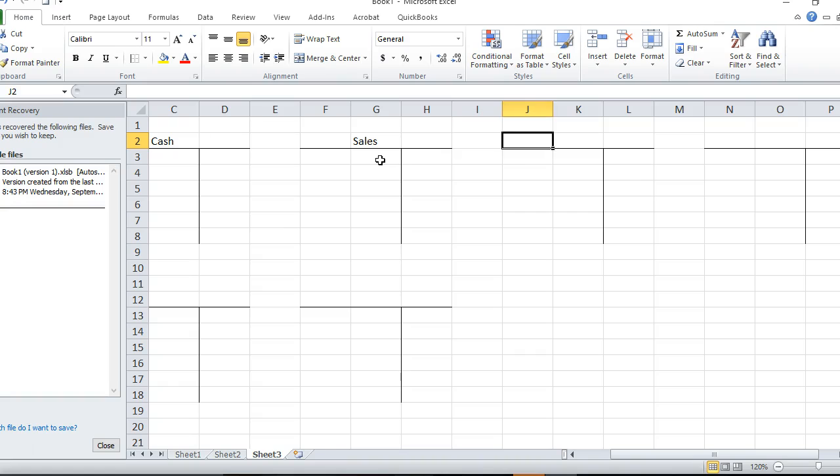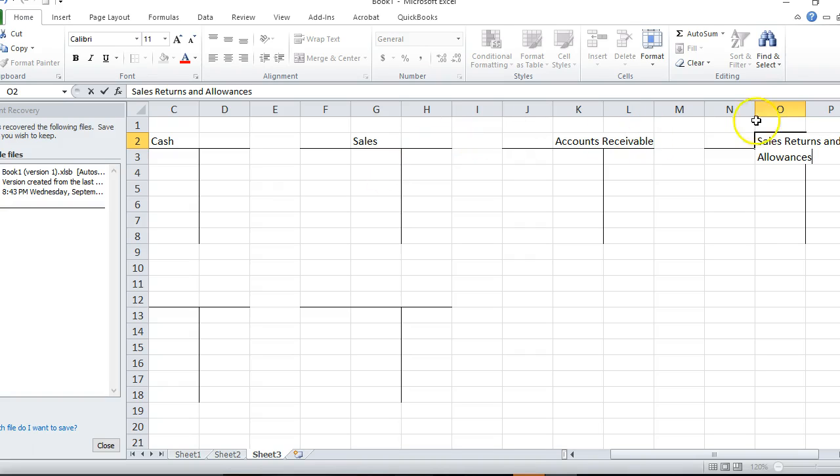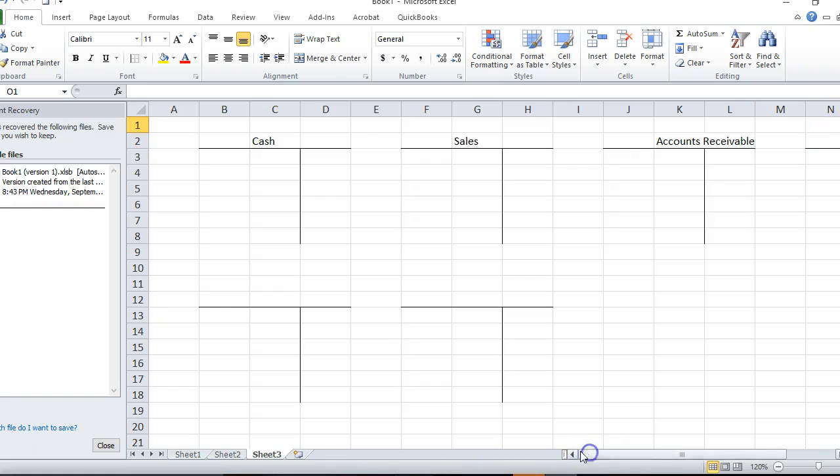Then we have accounts receivable. We have something called sales returns and allowances. Then we have merchandise inventory. And then we have cost of goods sold.